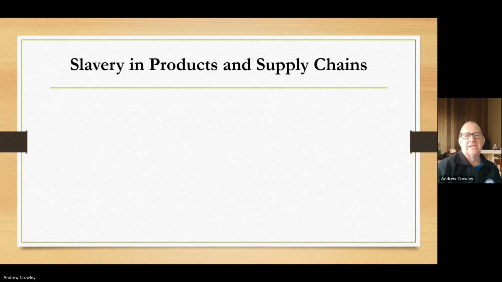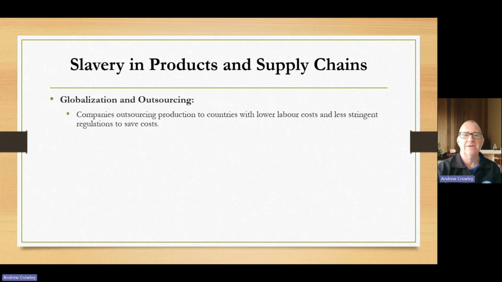So slavery is seen in the products of our supply chains. One of the causes is globalization and outsourcing, because companies want to find cheaper costs, particularly labour costs, and want to move to countries with less stringent regulations to save costs.